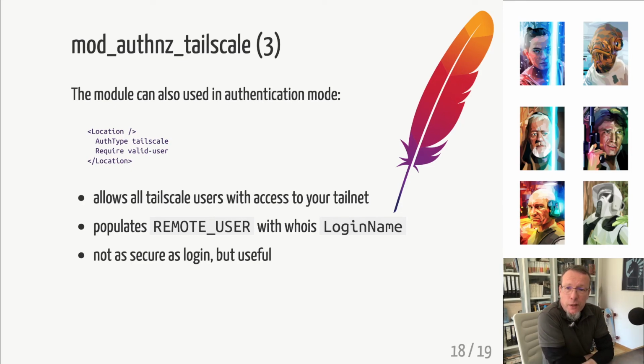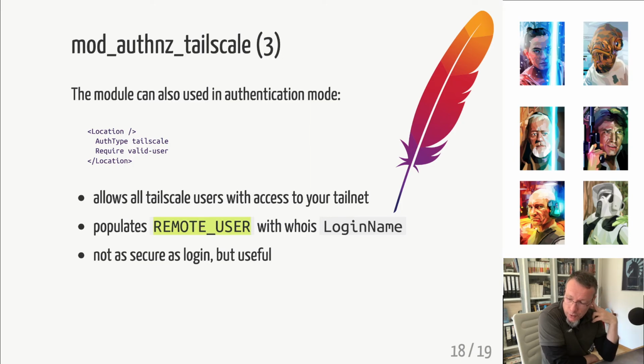Another use for this module is that you can use it for authentication. You can say, like, here the authentication type is Tailscale, and we require just a valid user, which would mean any Tailscale user can have access here. And additionally, we take the Tailscale user ID, which we got from the login name, and we populate the server's REMOTE_USER variable, which is forwarded to other applications which we host behind the server, for example, and you can use that as a sort of login.